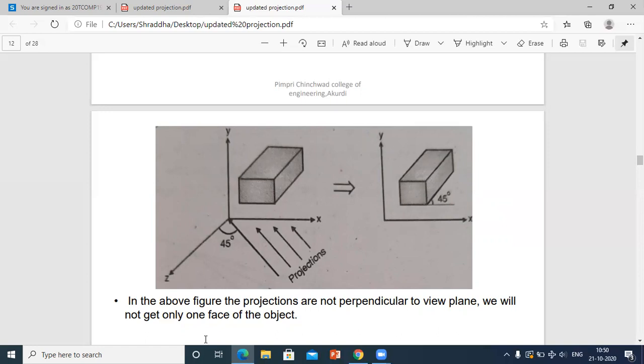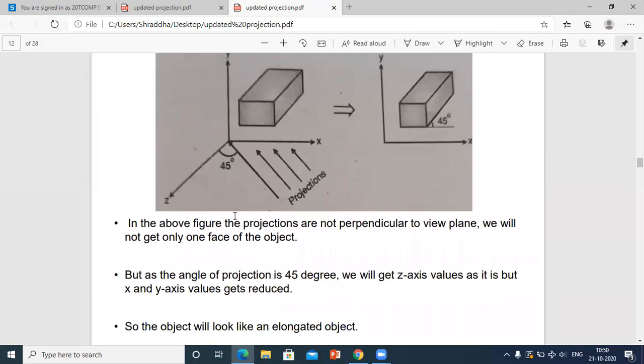But as the angle of projection is 45 degrees, we will get z-axis values as it is, but x and y-axis values are reduced. See, z-axis values will remain as they are. There is no change in the length of the z-axis, but the values of the x and y-axis will be reduced.